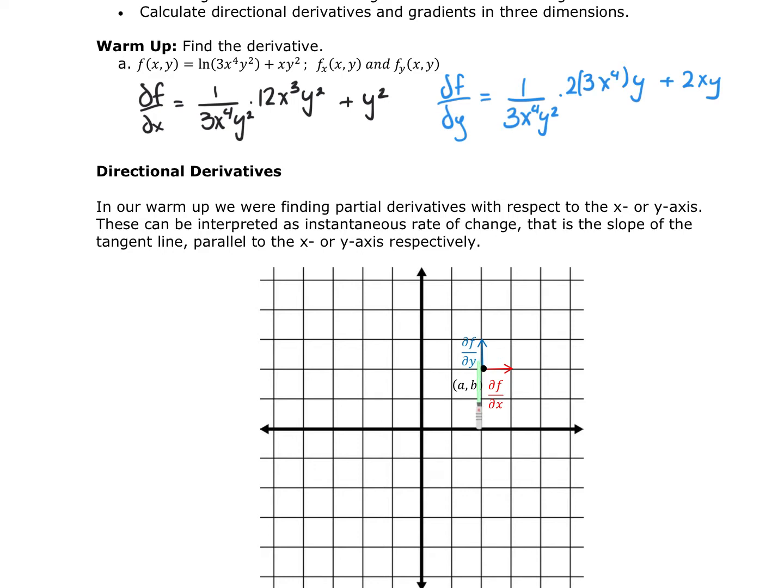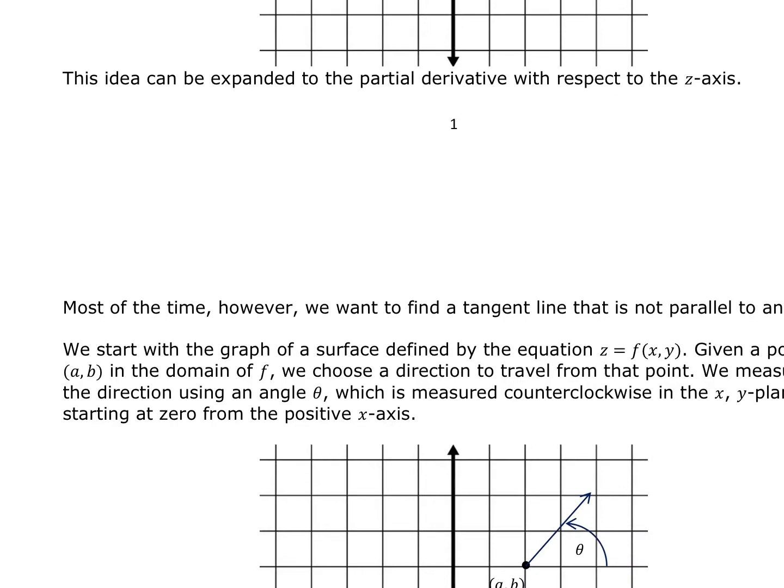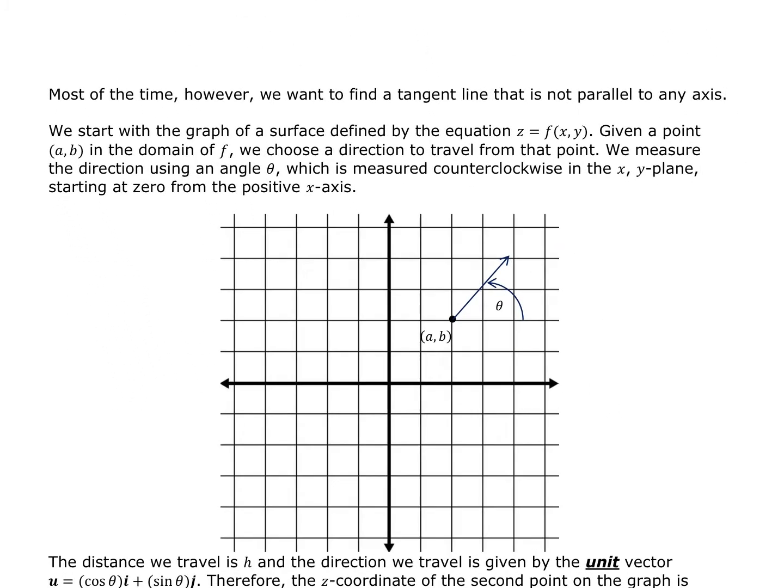It's that instantaneous rate of change, and the slope of the tangent line is parallel to the x or y axis, respectively. This idea can, of course, be expanded out when we're doing the partial derivative of my function with respect to z. Most of the time, however, we're not looking at the slope of the tangent line parallel to an axis.